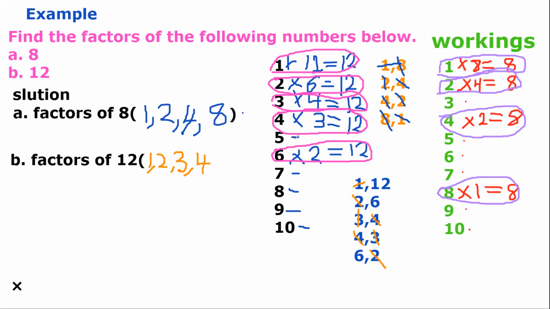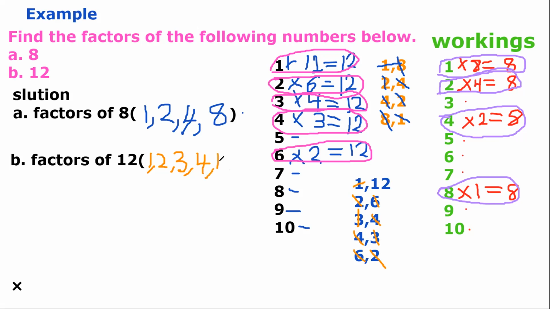Because 5 was not able to give us 12, 5 is not part of this one. 5 times what number will give you 12? Nothing. So 5 is not part. 5 can never divide 12 equally. So 5 can never be a factor of 12. Then the next number after 4 is 6.